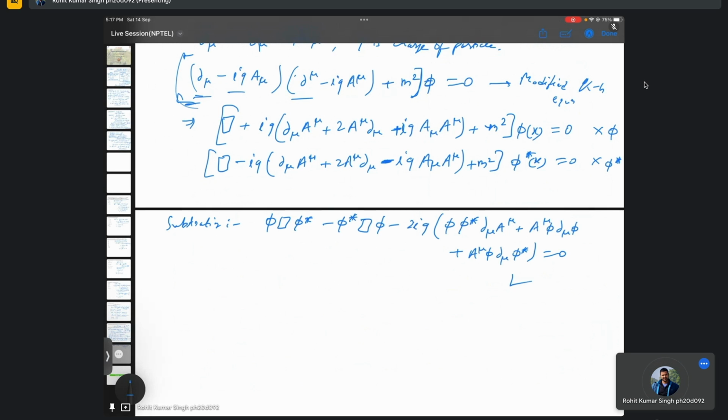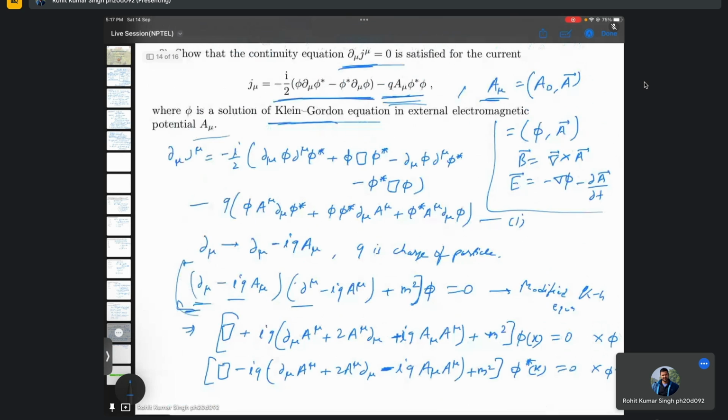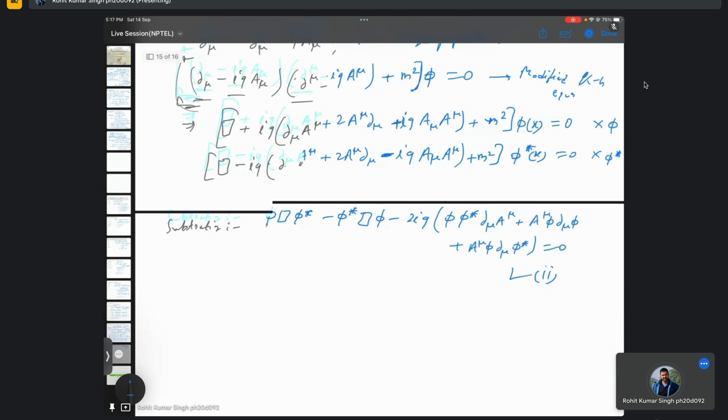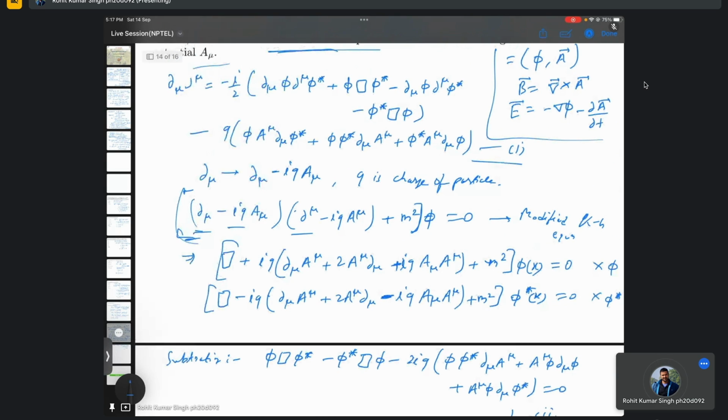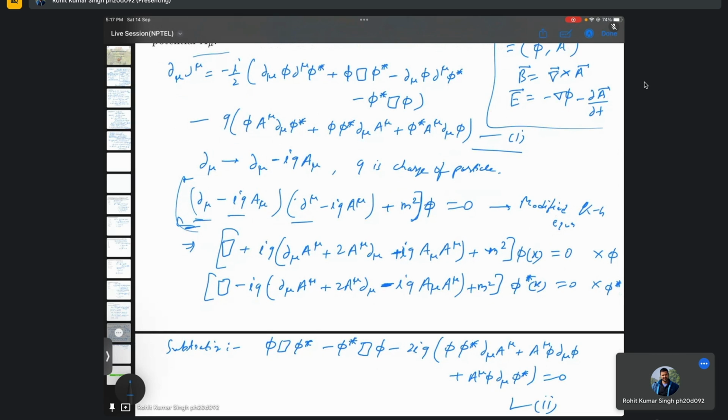Okay, now let's call it equation 2. Now from equation 1 and equation 2, if you look at this carefully, what you see is, since this is 0, you will find here that first of all again we have this and this cancel out, this and this is here, right, and this whole thing is also here, you see.